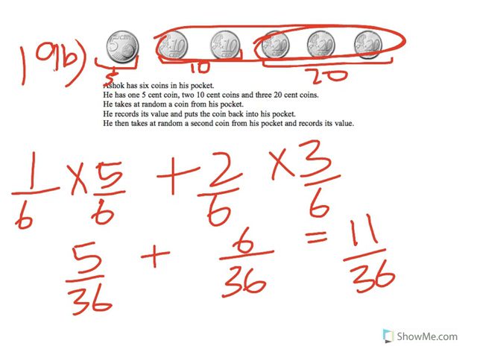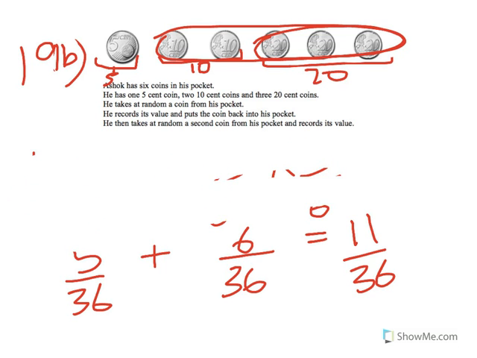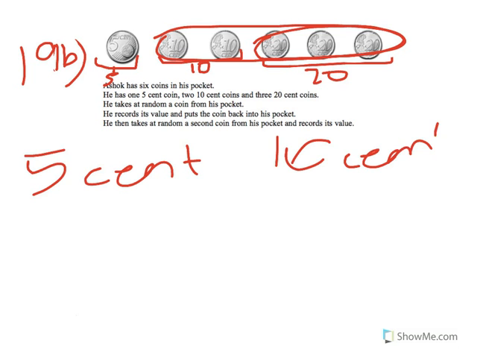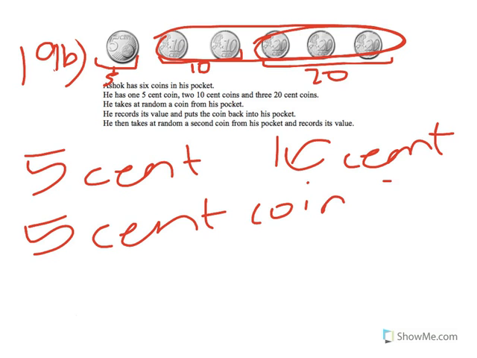If you want, there is another way you can do it actually. I'm just going to show you quickly. Basically, instead of taking that first event I calculated as one event, the events that could occur are: you pick a 5-cent coin, then a 10-cent coin, or another event that could occur is a 5-cent coin, then a 20-cent coin.